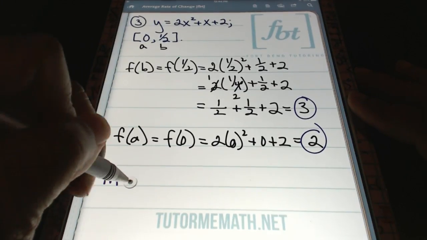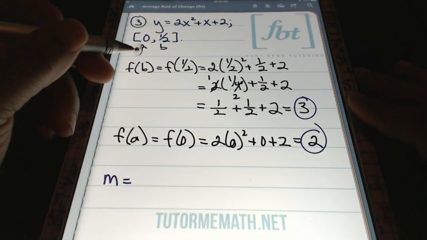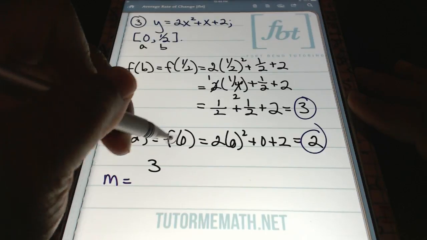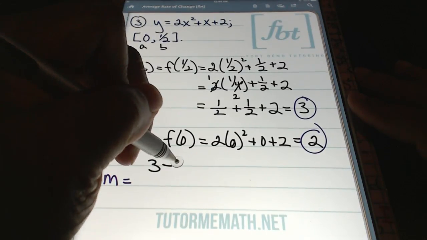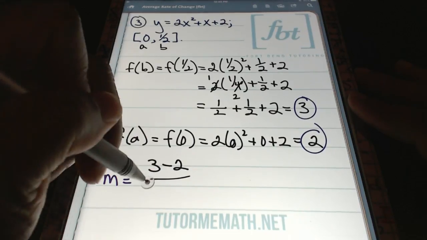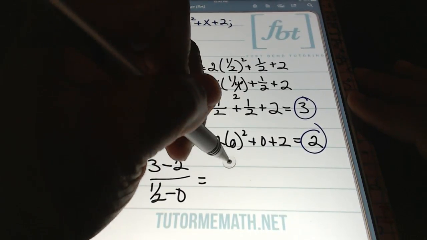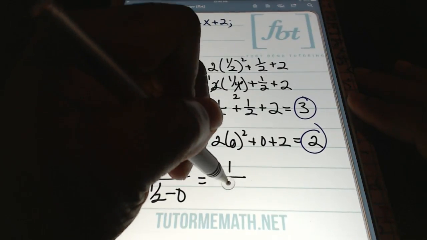So looking at that slope of the secant line here, we'll be plugging in our values. So f of b, remember that value is 3, minus f of a, which is 2, divided by the value 1/2 minus 0. So this gives you 1 divided by 1/2.